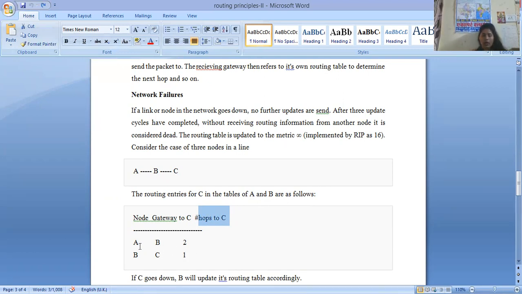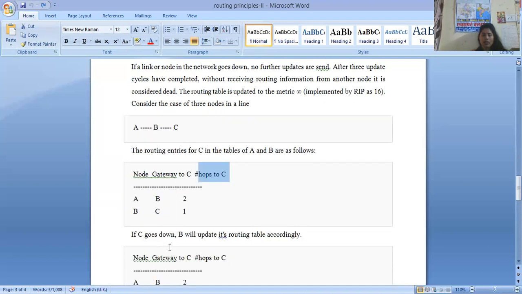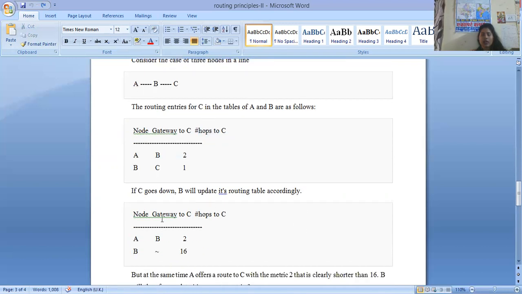Now if C goes down, B will update its routing table accordingly. B has just updated its routing table, so the hop count for B is infinity, that is 16.